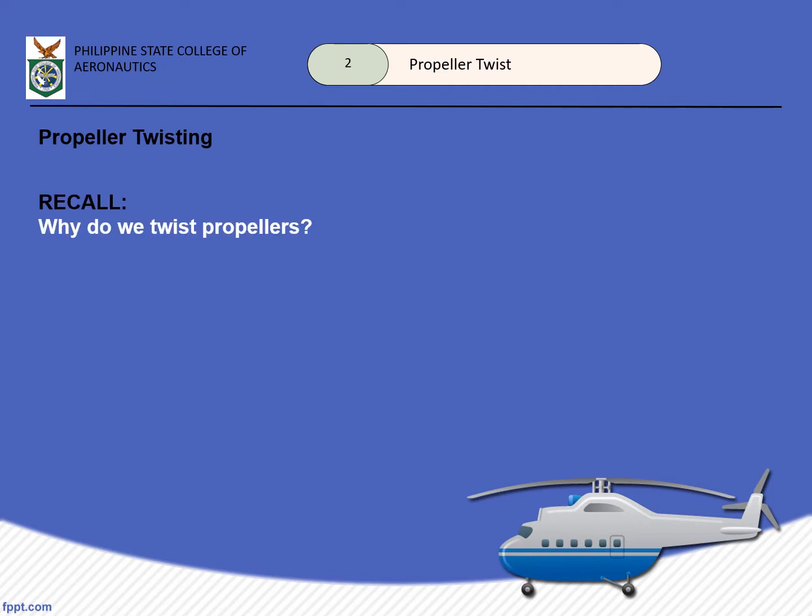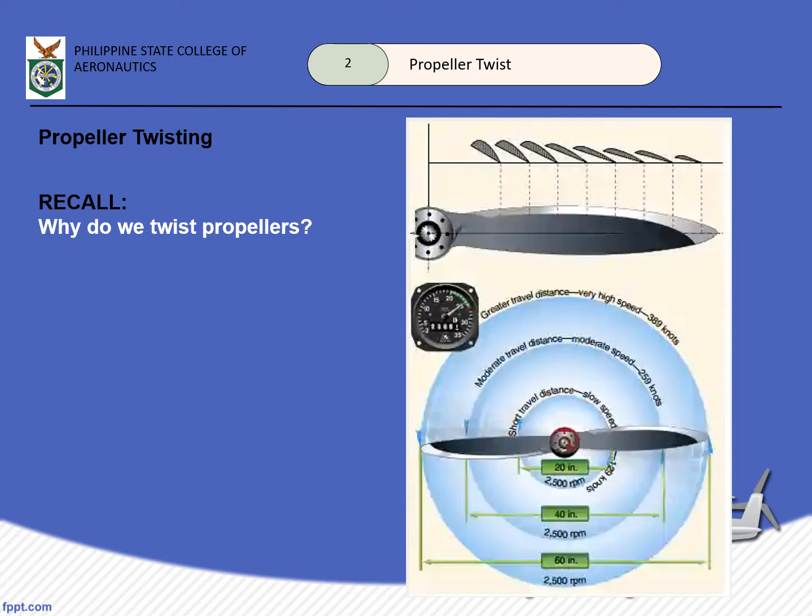Recall. Why do we twist propellers? This is to compensate for differences in rotational speed and provide a relatively even distribution of the thrust along our blade. So when we twist the blade, we get a relatively uniform angle of attack across the entire propeller blade.